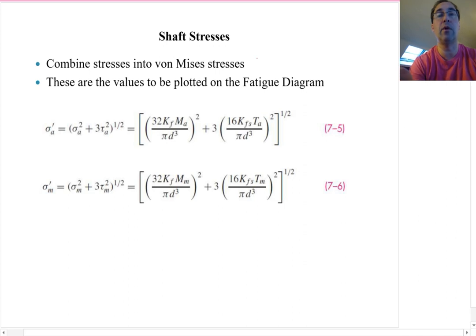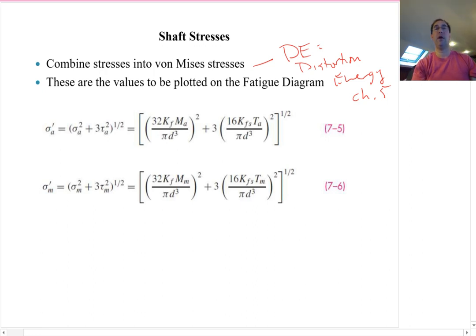So everywhere you see a DE in this chapter, that means distortion energy, and that's from chapter 5. That was one of our static failure methods, and distortion energy used the von Mises stress. So that's why it's coming back to haunt us here.